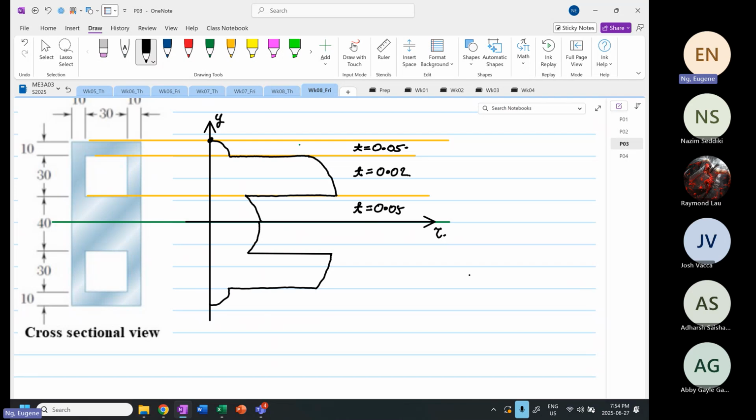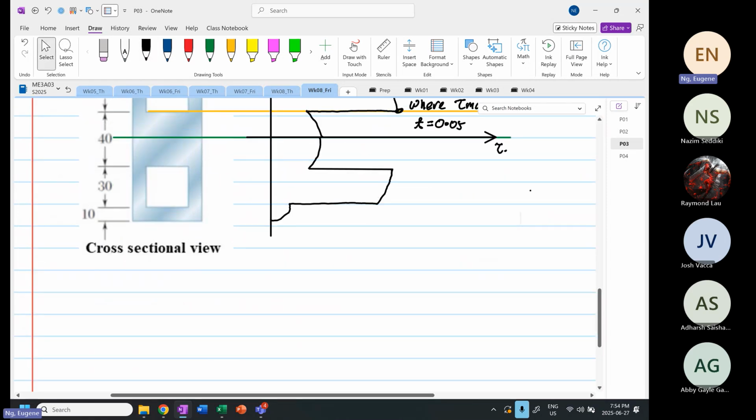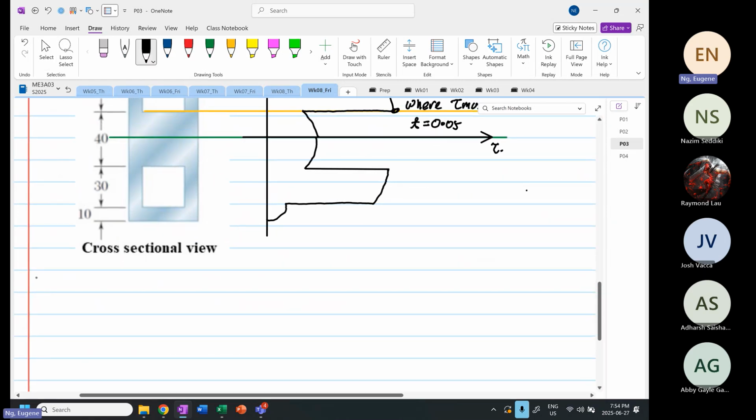So we know that over here is where tau max will occur. I don't want to waste time looking for the second moment of area.